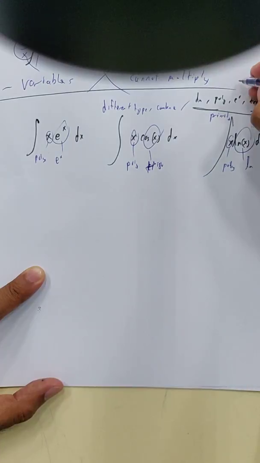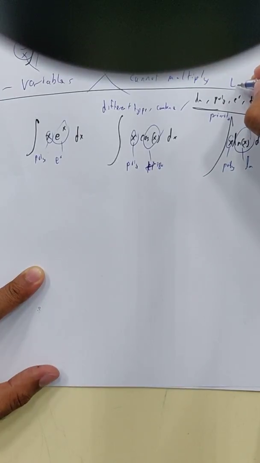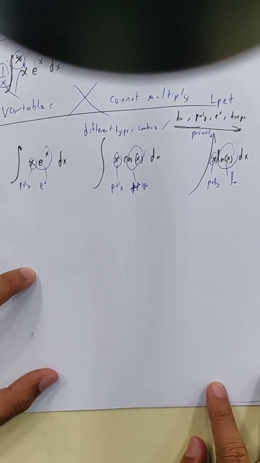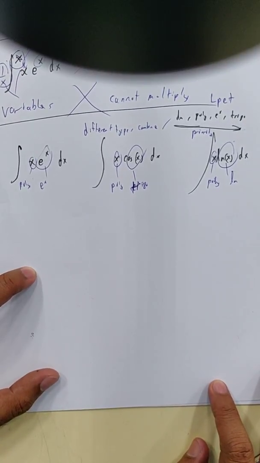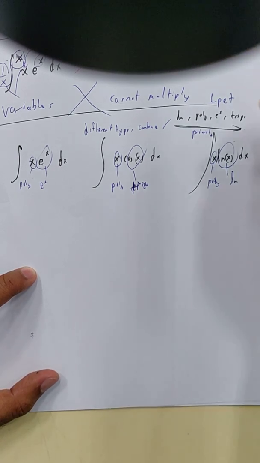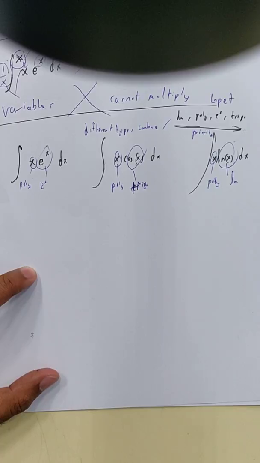People memorize it as such as lepet. That's how people memorize it. But I would like to put some improvisation such as lawn pad. I would like to add something there, lawn pad. So you memorize the priority.